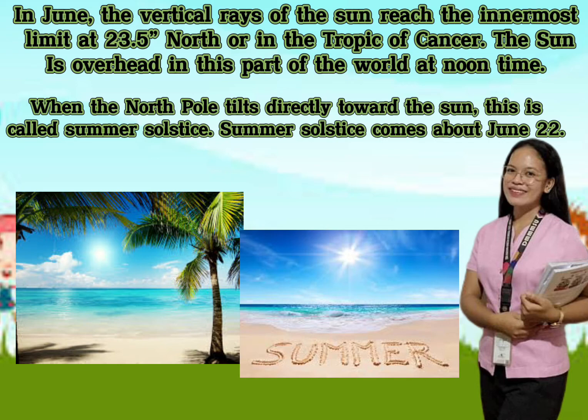Areas beyond 66.5 north, the Arctic Circle, experience 24 hours of daytime. June, July, and August are the hottest months in the Northern Hemisphere. December, January, and February are the hottest months in the Southern Hemisphere.